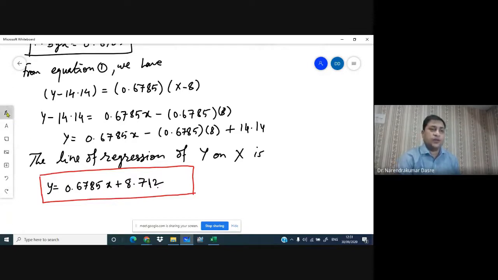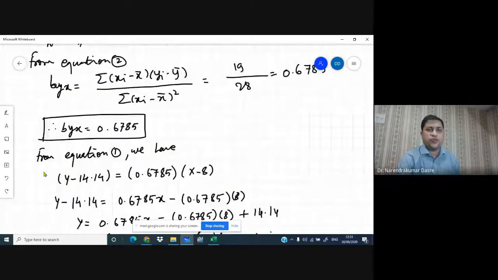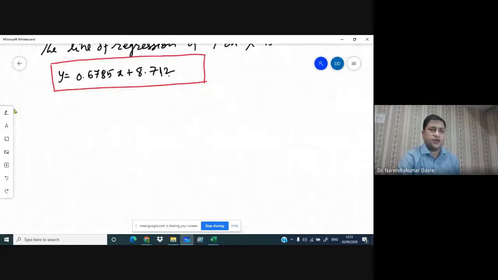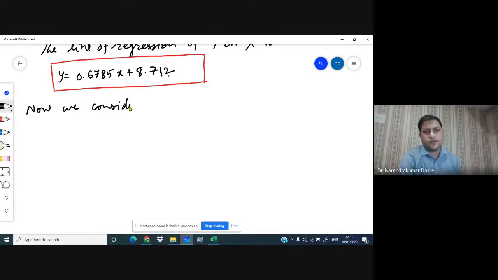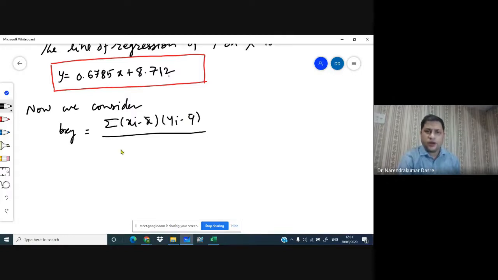Now we have to find the remaining part, x on y. To find x on y, we consider bxy. So what is bxy? Summation xi minus x bar, yi minus y bar, upon summation yi minus y bar square.